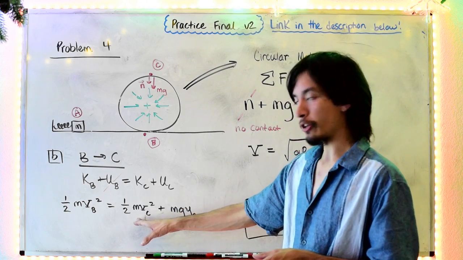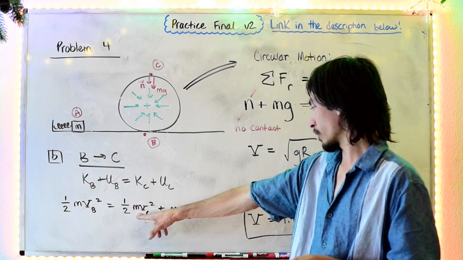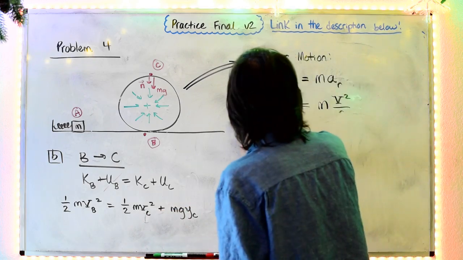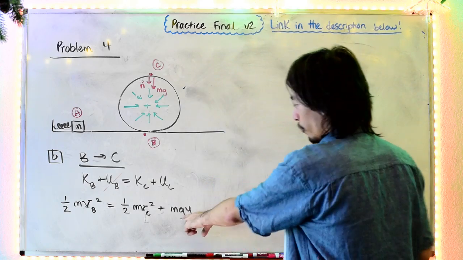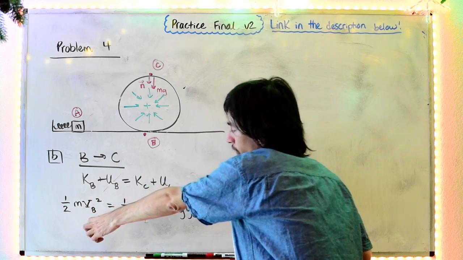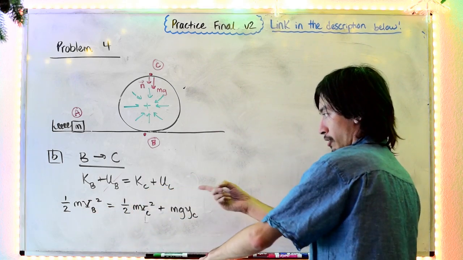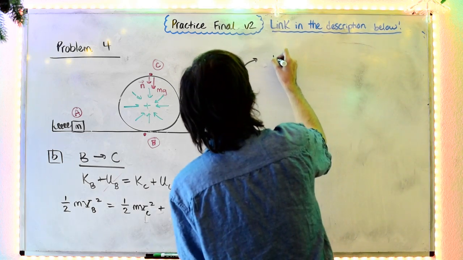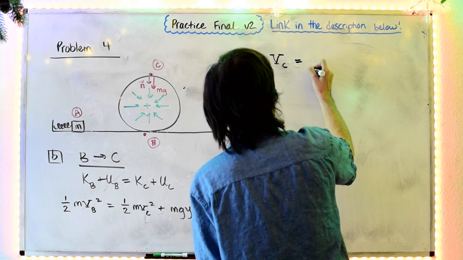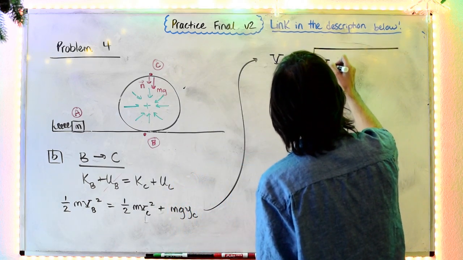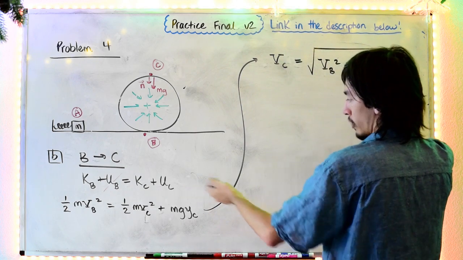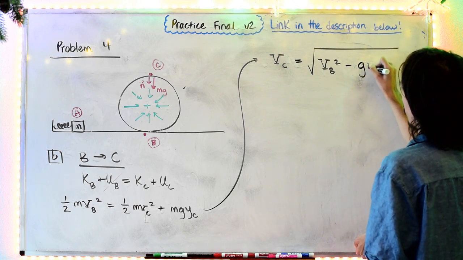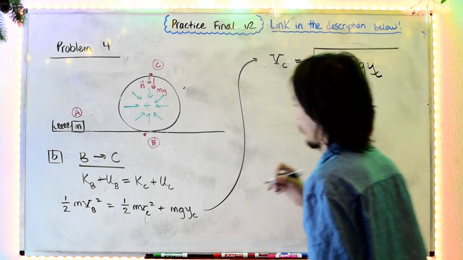We want to know the information at the top of the loop for its speed, so we're going to solve for VC. So, when we solve for VC, after you move this term over to the left side and you isolate this and cancel out all the masses, so the mass again doesn't matter here, you get that VC is the square root of VB squared minus 2 g yC.